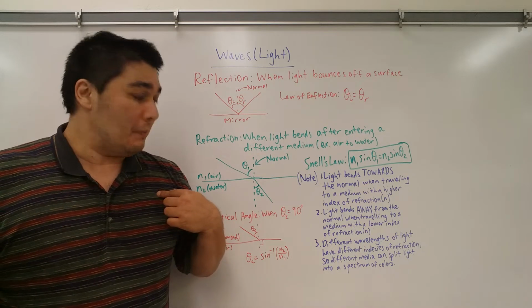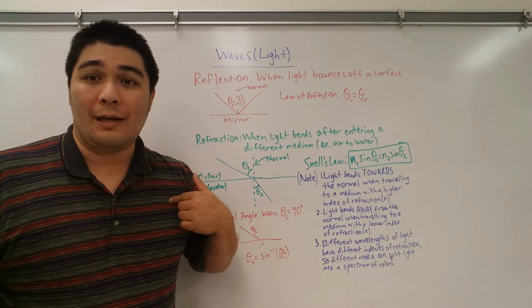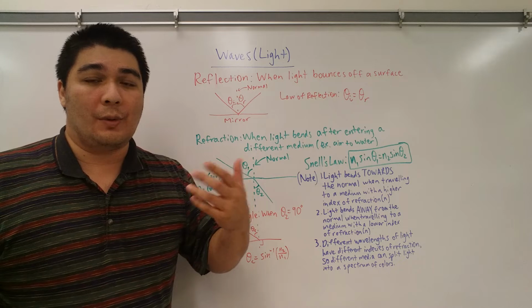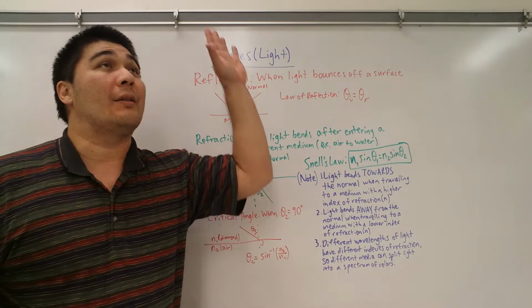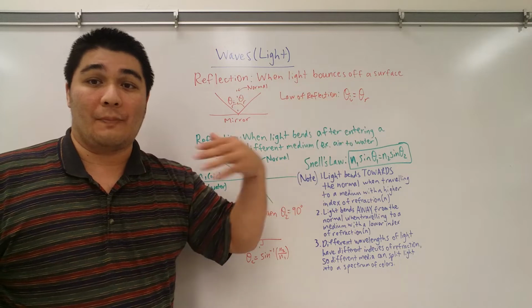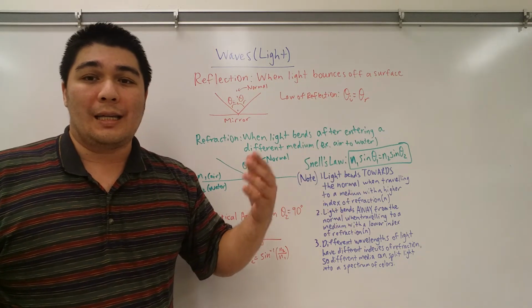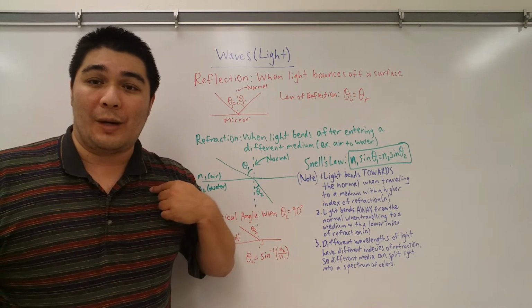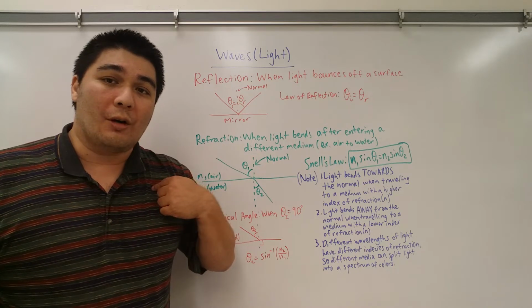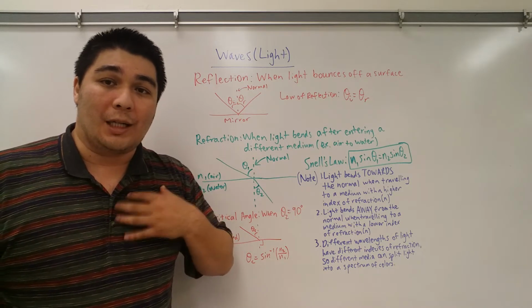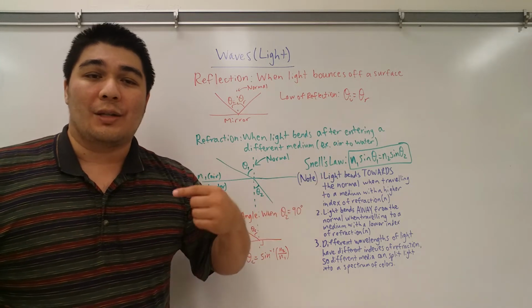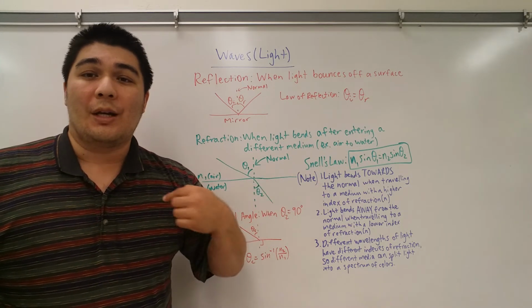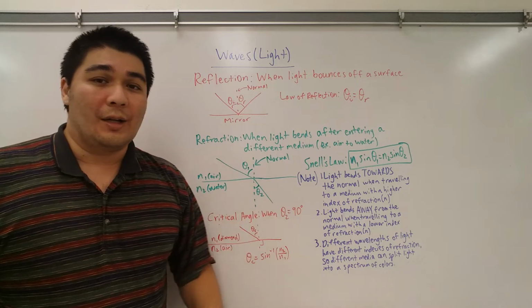For example, part of my shirt is red, so one way that you could think of it is that the light from above, around the room, is hitting my shirt, and when it hits the red part of my shirt, it absorbs all the other colors except red, and it re-emits red. So it's basically reflecting the red color off.